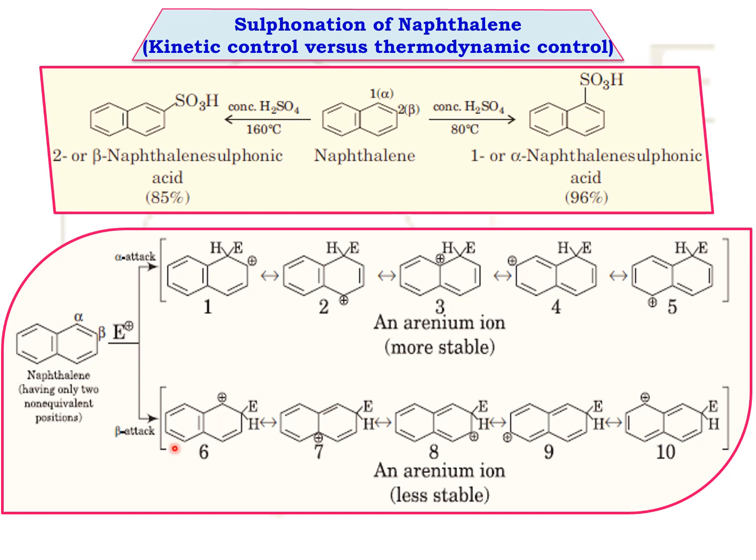In case of 2-naphthalene sulfonic acid substitution, the structure 6 only retains one of its rings having its aromatic nature. But all the other structures 7, 8, 9, 10, all of them lost their aromaticity in both the rings.